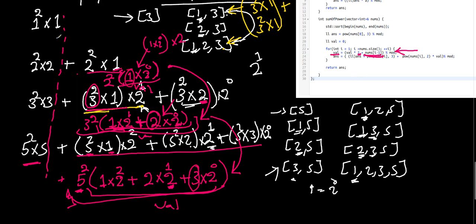add 1. So we start our answer with this value here, answer equals power of nums[0], 3.